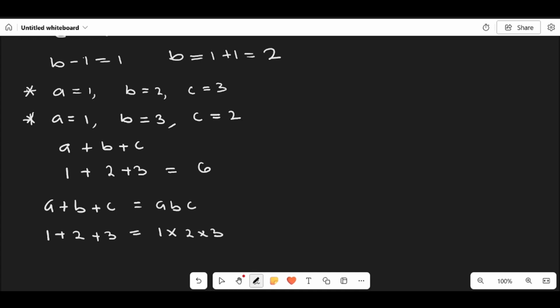This will give us 6 equal to 6. This is true. So our minimum possible value of a plus b plus c is 6.